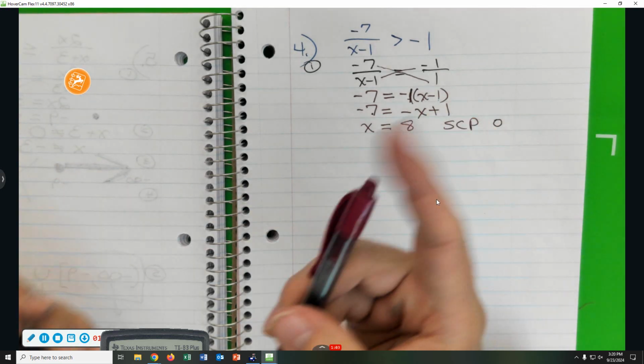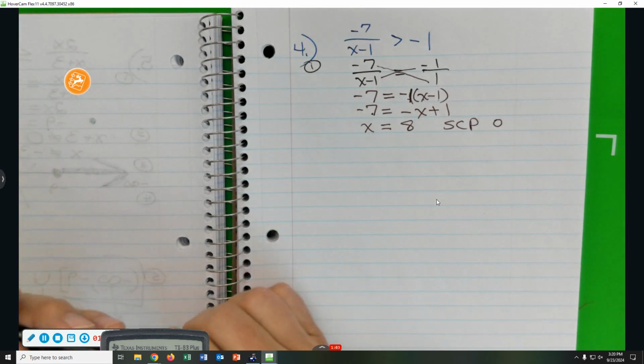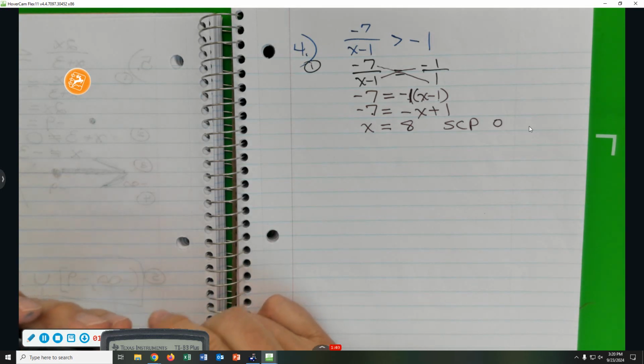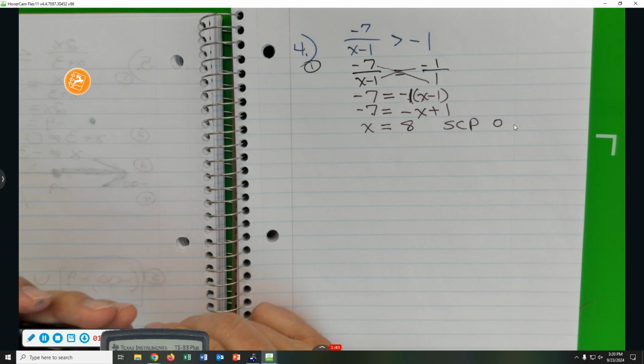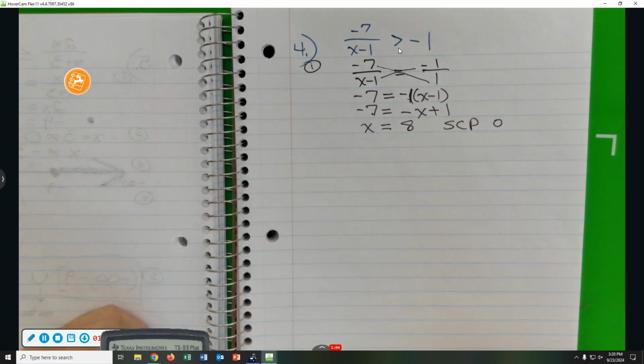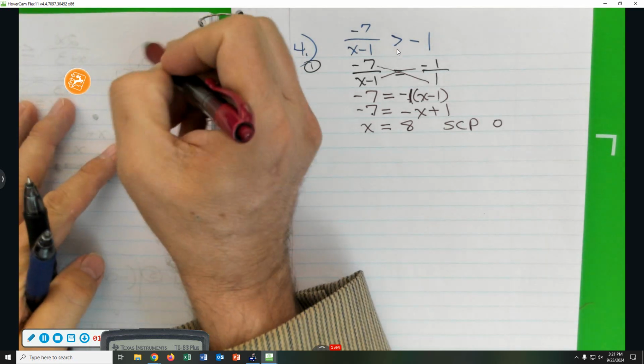Here's what a student once told me about how she remembers it. She thinks about what uses more ink, to write an open circle or a closed circle. Well, a closed circle uses more ink. What about this symbol? What uses more ink, when you have the little line under it or not? When you have the line under it, it uses more ink.